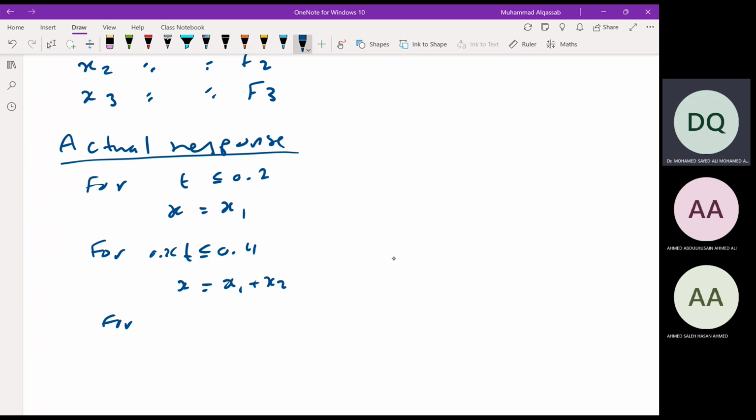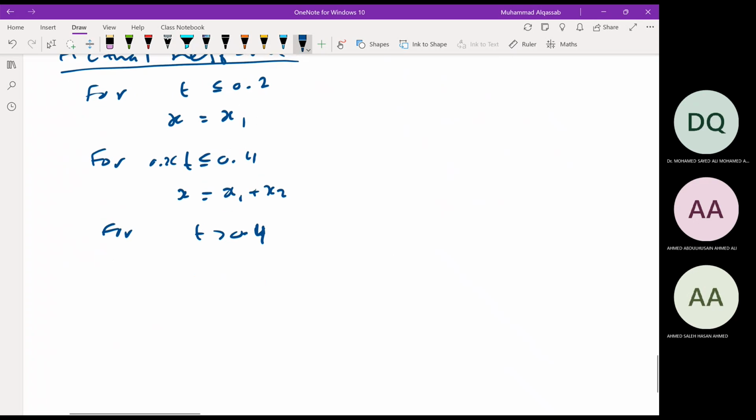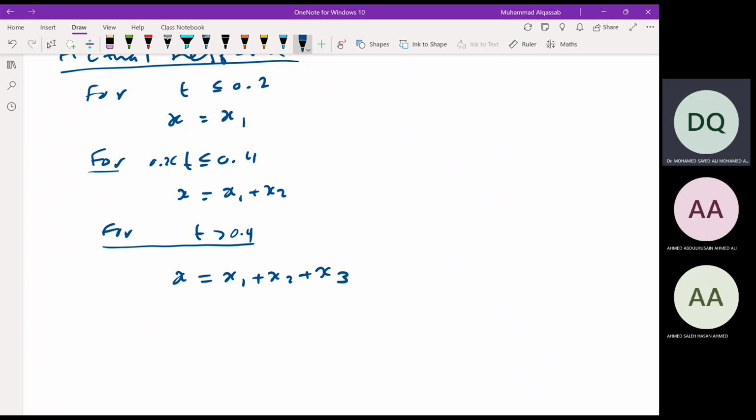And for t greater than 0.4, x will equal x1 plus x2 plus x3. So over those intervals, x is given as piecewise continuous. You substitute and simplify.